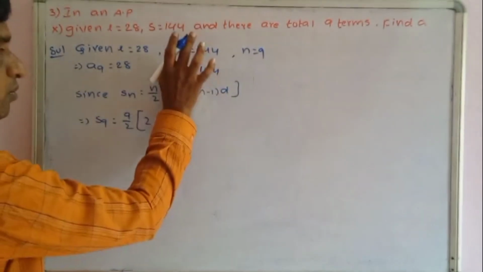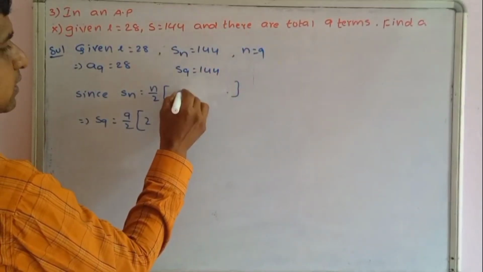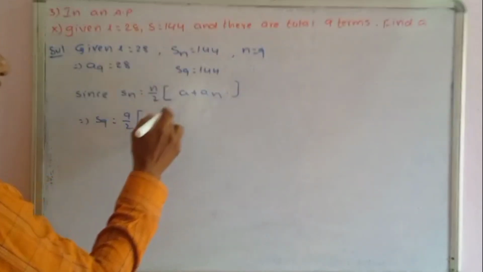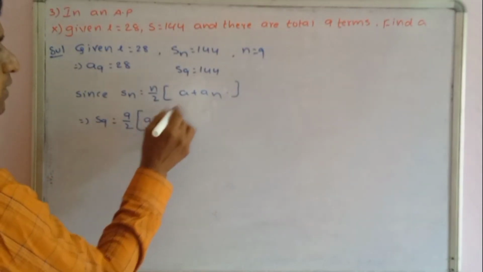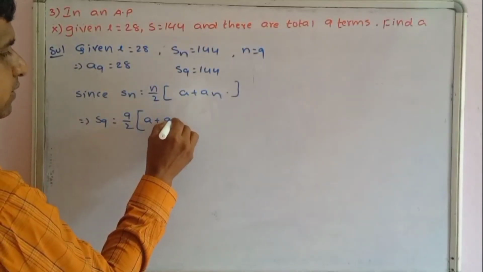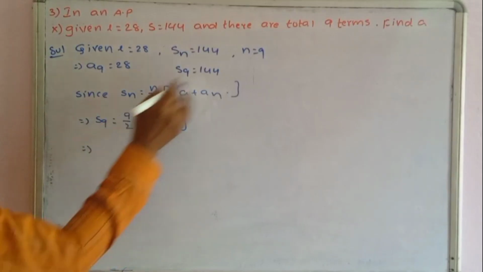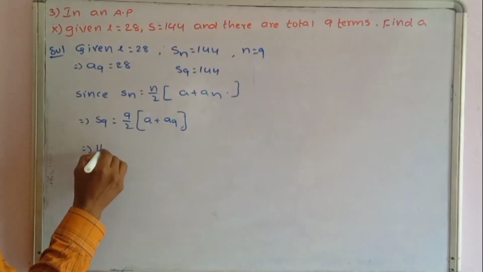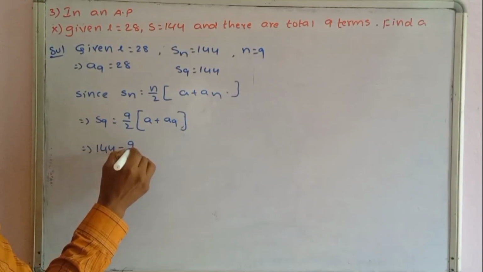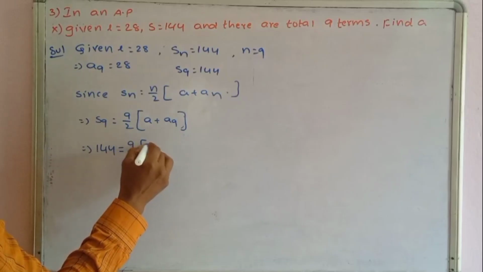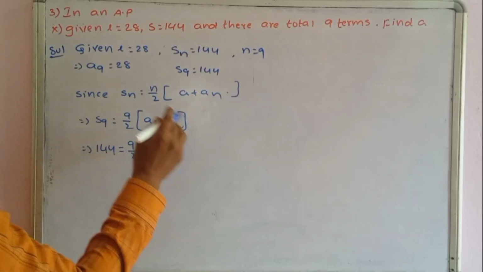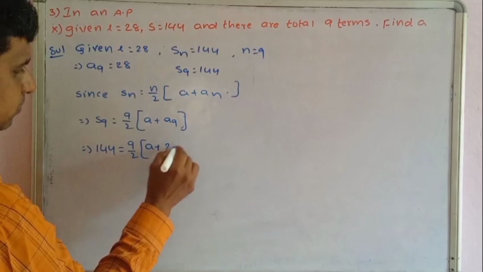This is one formula, and one more formula is there, that is n by 2 into a plus an. Here a is the first term, an is the last term, so a9. This is another formula. So S9 value 144 equals 9 by 2 into a, we don't know the a value, plus a9 value 28.